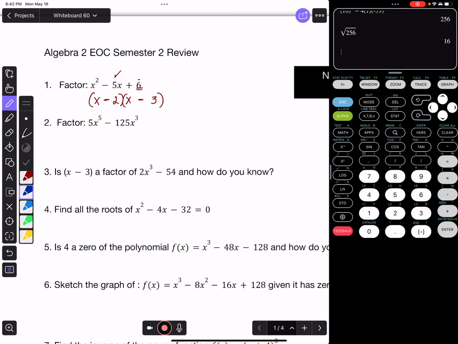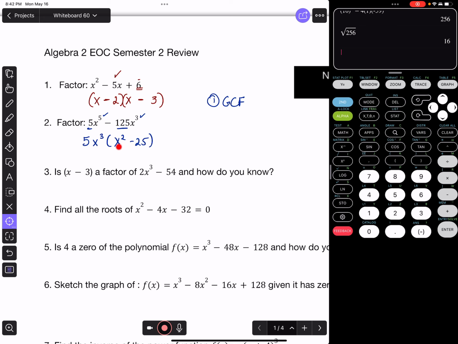Problem number 2 here, again a factoring problem. All we have to do is remember our steps. First, remember, is always look for that GCF. And so I can see I can take a 5 out of each of these, and also if I look at their exponents, I can take an x cubed out. So let's take that out. Leaves us an x squared minus 25. And now you do always have to check what you have left over here.